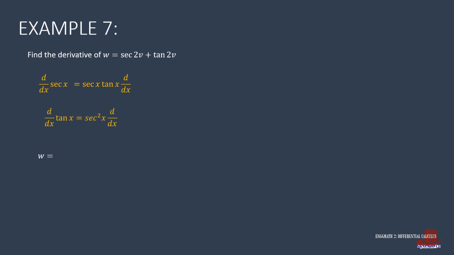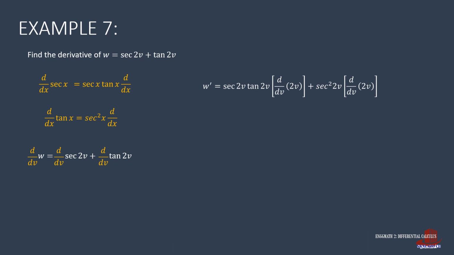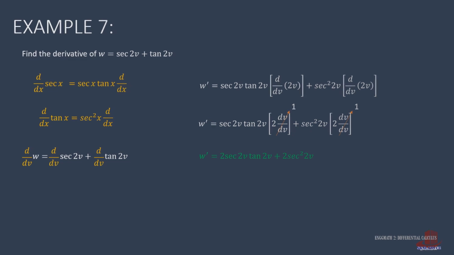So w prime is secant 2v tangent 2v times the derivative of 2v plus secant squared of 2v times the derivative of 2v, and both are simplified as 2 times dv all over dv. So the final w prime is 2 secant 2v times tangent 2v plus 2 secant squared of 2v.